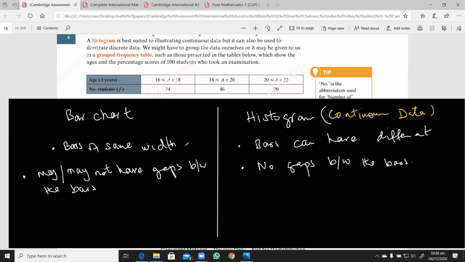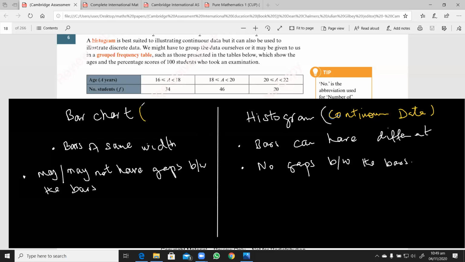Like you measure the masses, you measure the volume, you measure the time taken. So this is the data which is collected through measurement. Typically you have lengths, times, heights, masses, and volumes, which all exist as continuous data.